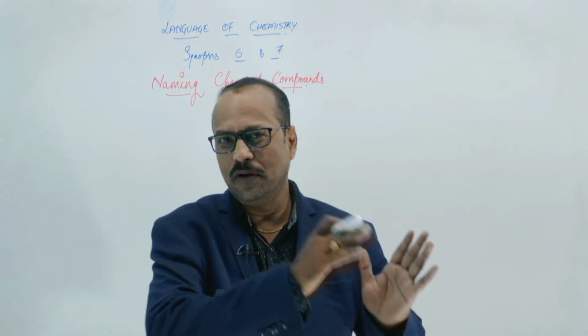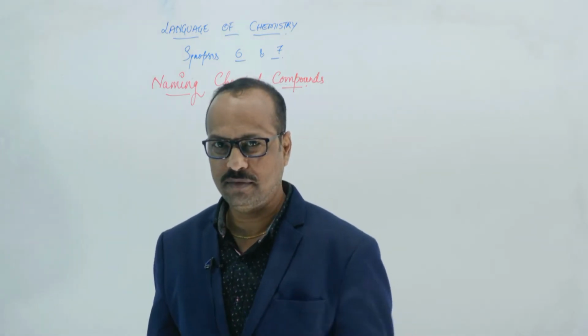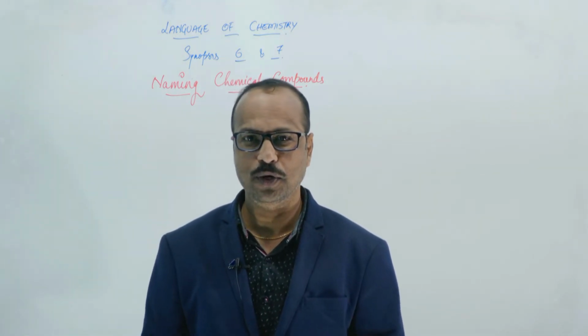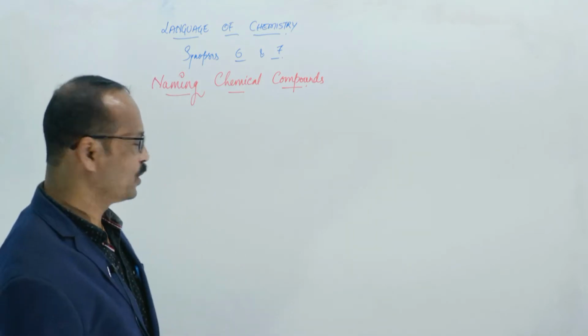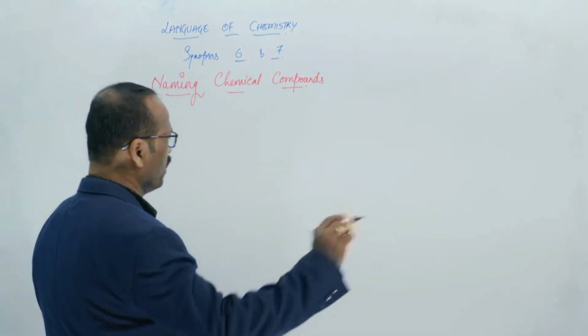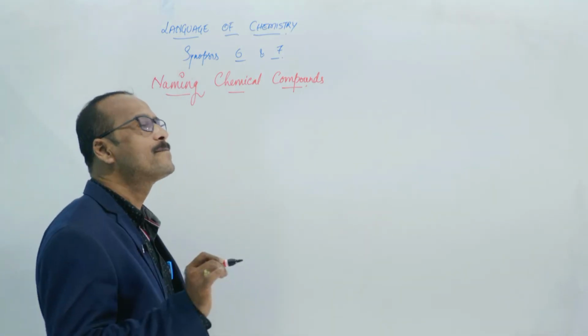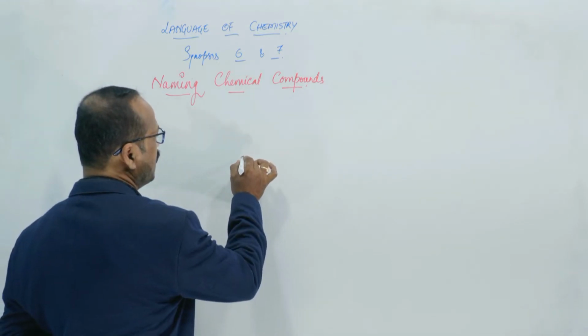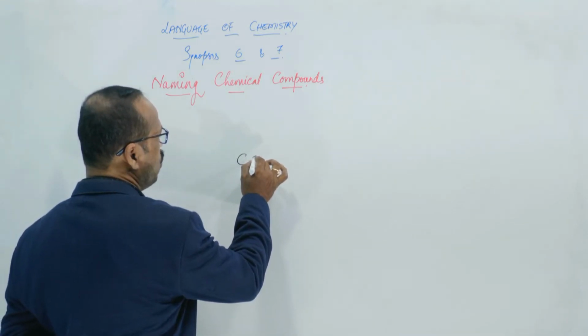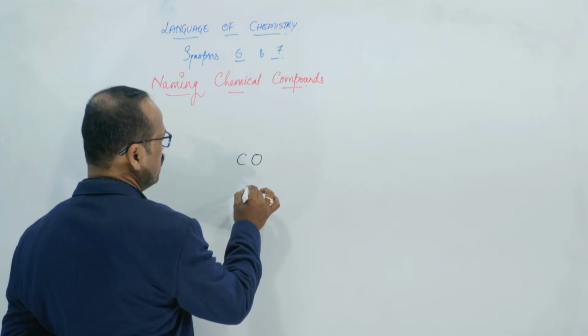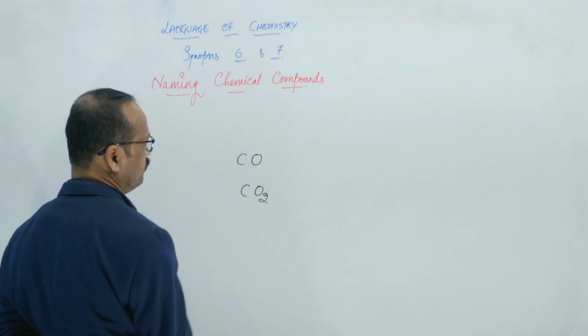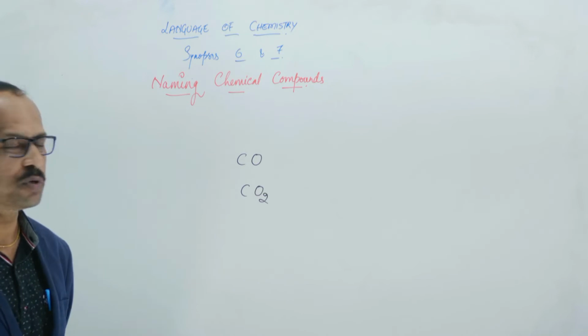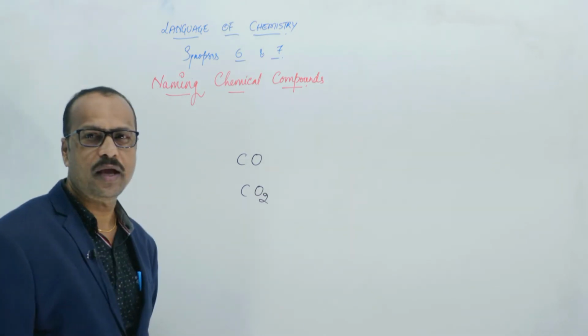The formula is given to you and you have to name it. Yes or no? This is also easy, I think, no? Let's check. For example, I'll give the compounds. One is CO, the second one is CO2. Now try the name of this one, CO and CO2.